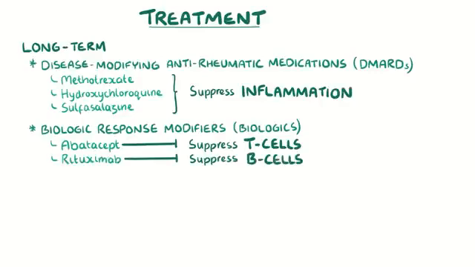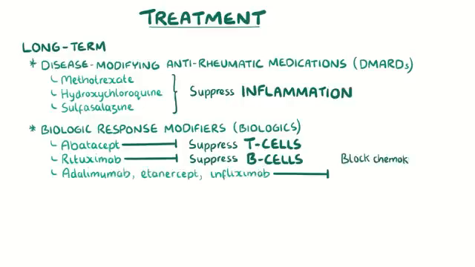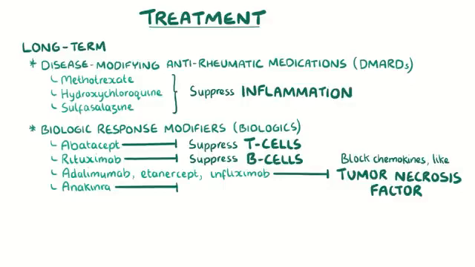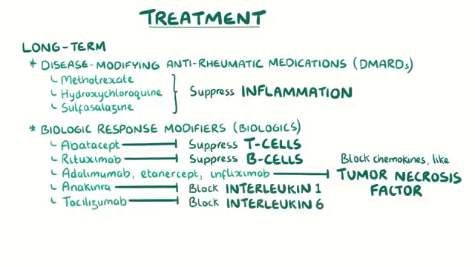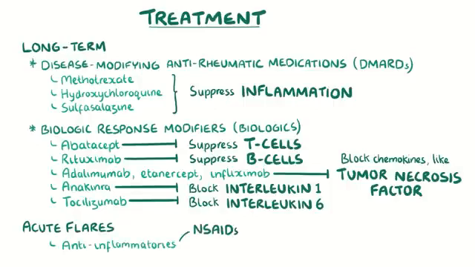There are also biologics such as adalimumab, etanercept, and infliximab that block various chemokines like tumor necrosis factor. Anakinra blocks interleukin-1, and tocilizumab blocks interleukin-6. Treatment of acute flares can be done with anti-inflammatory medications like NSAIDs, as well as short-term use of glucocorticoids.